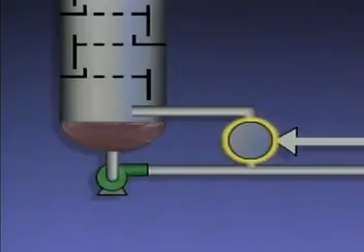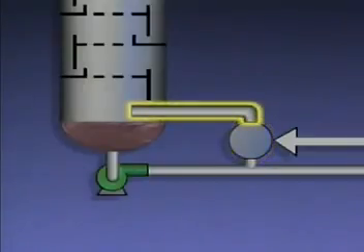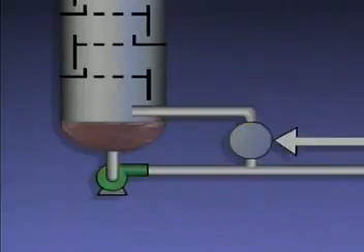Vapors from the reboiler, or in some cases a mixture of vapors and liquid, re-enter the tower. The vapors then rise up in the tower. These vapors and the heat they contain are often referred to as boil-up. The hot boil-up provides heat that's needed for the distillation process to take place in the tower.